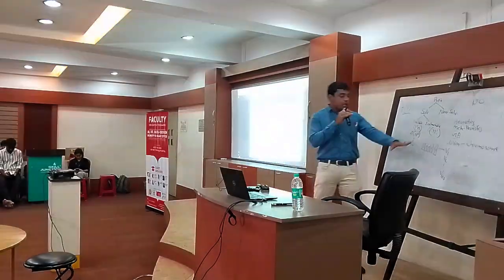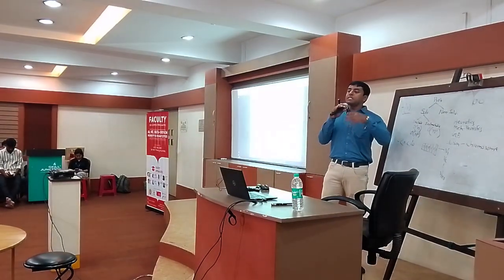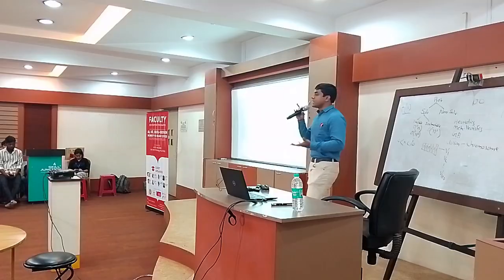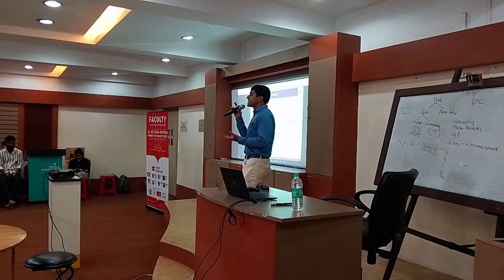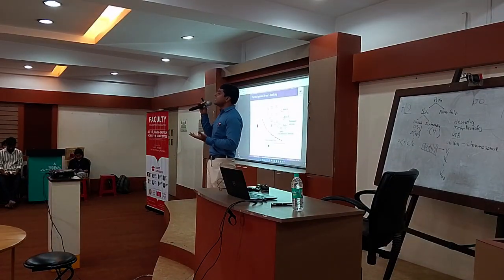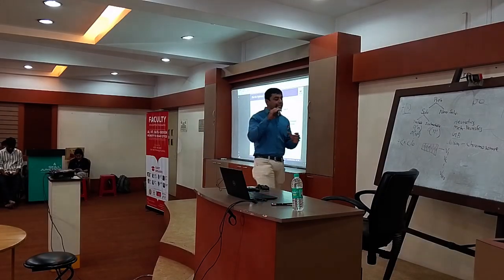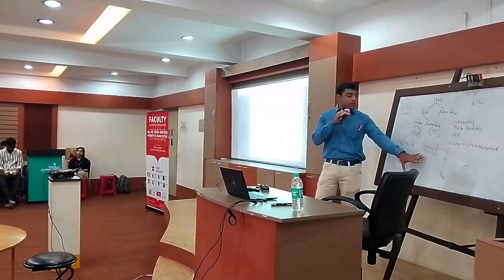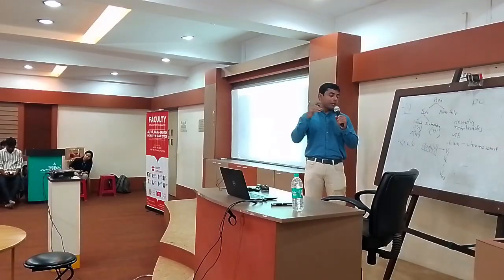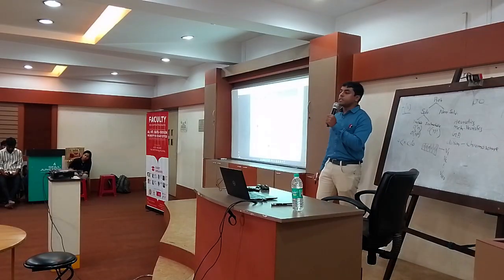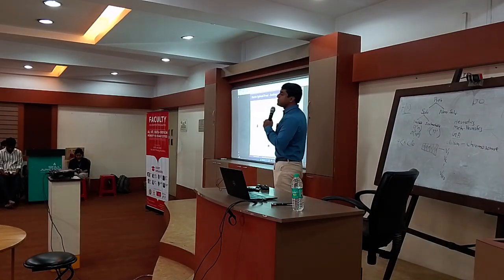Now, among these 100 solutions, we have to perform selection, natural selection. The theory of natural selection we have all studied in our school days, and the same thing applies here. We have to select some solutions from here. How can we select? One popular method is binary tournament. What does it mean?